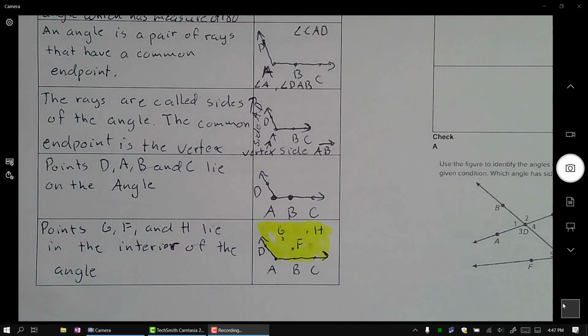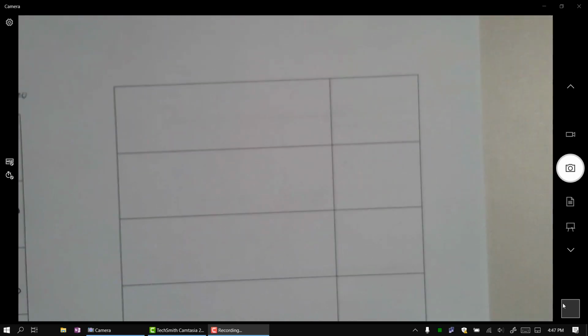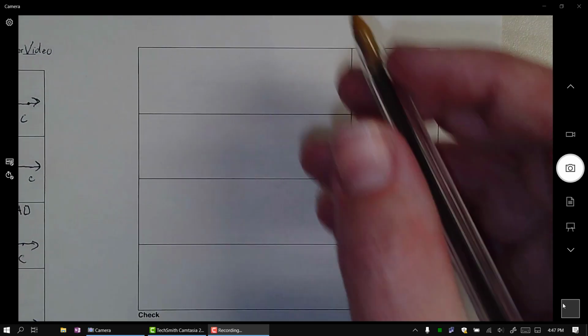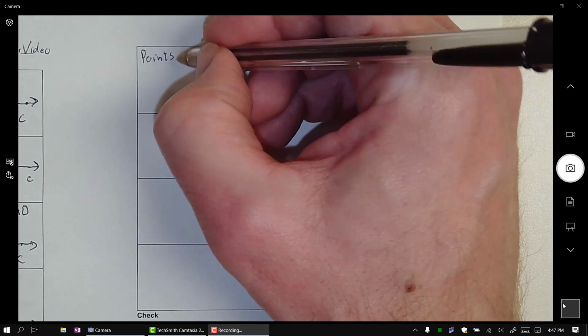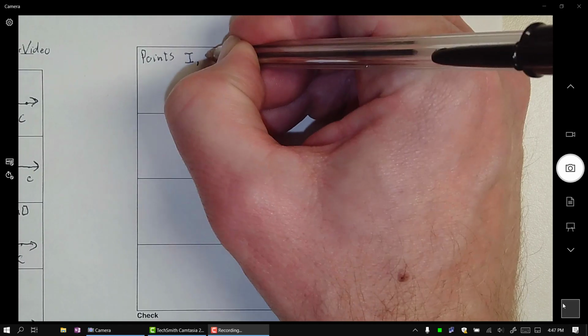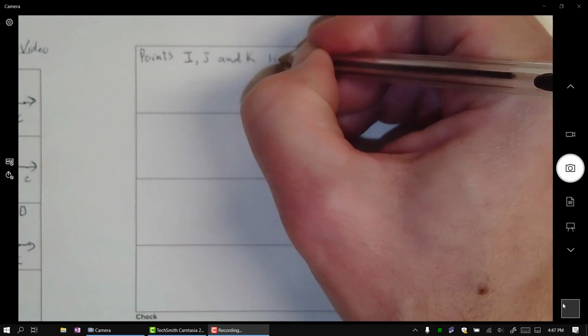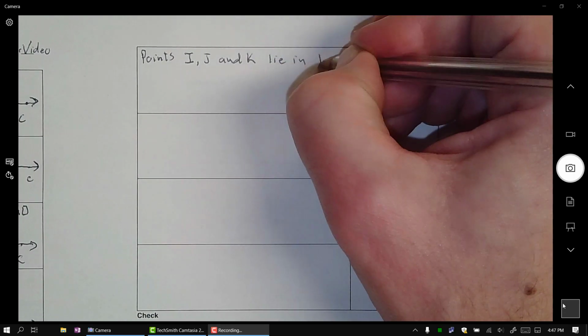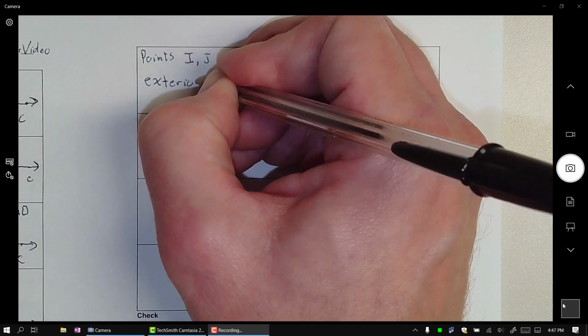All right. So if we have points that are inside the angle, some of you might guess where we're going. We're going to go to points that are outside of the angle. So what are points outside of the angle? So let's take a look at the next part. So points I, J, and K lie in the exterior of the angle.